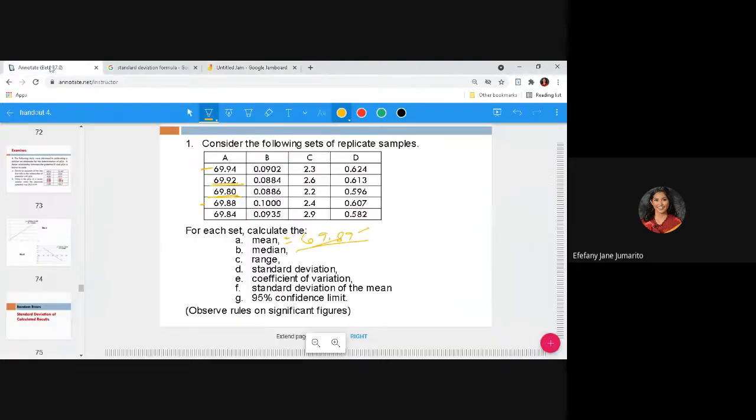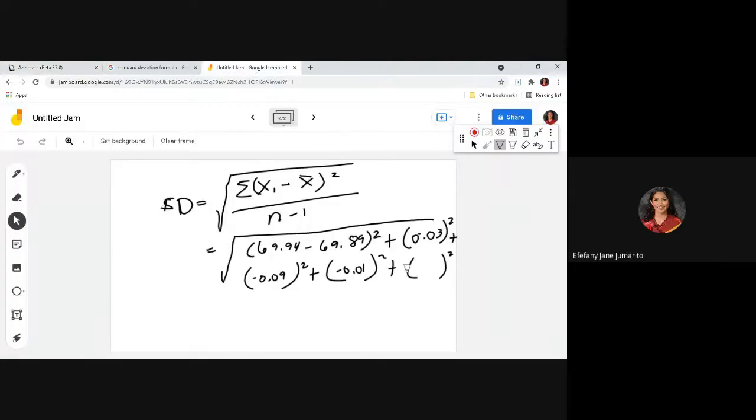Okay, what about the fifth? We have negative 0.05, ma'am. Negative 0.05. Okay. Now you divide that to n minus 1.